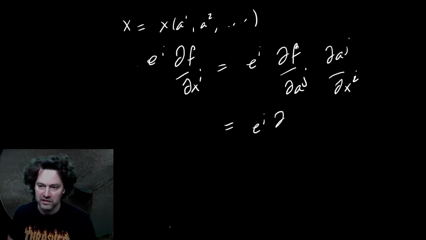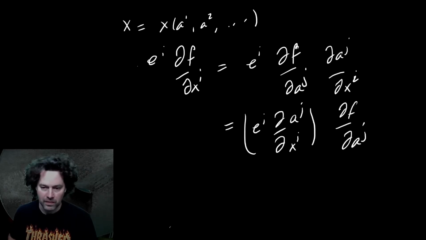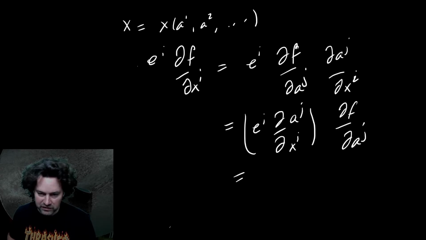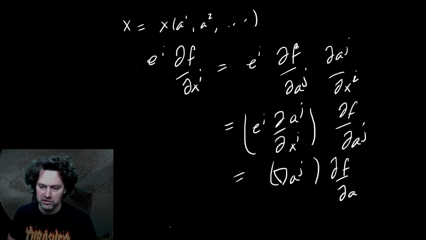So that's e upper i times d dxi of aj times df daj. And what do you know? We have a gradient in the first factor. So that is the gradient of aj all times df daj.